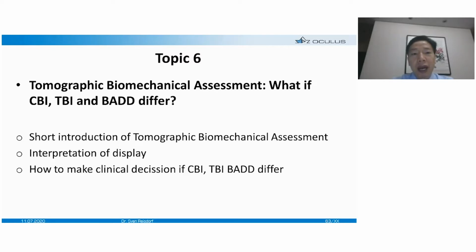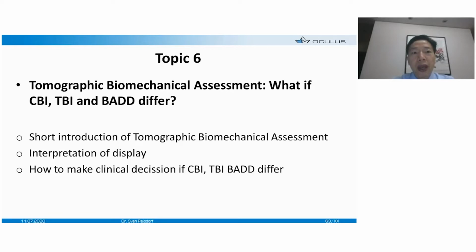I would like to trust the topography's BADD display. Mostly we can find the eyelid effects with the topography, the pyramids changing. But TBI is much more stable.